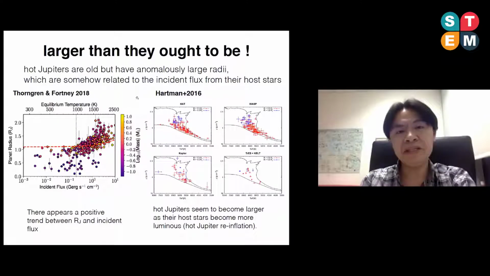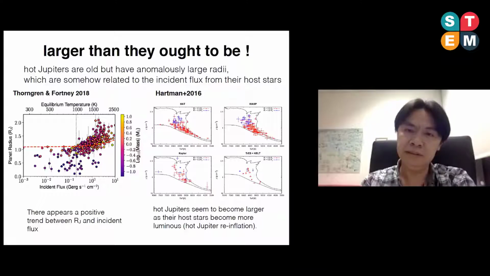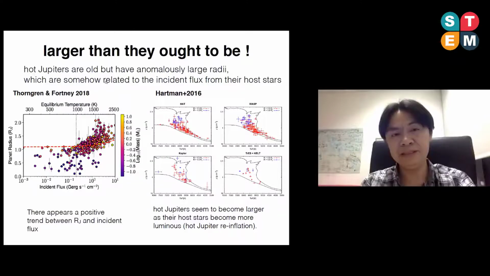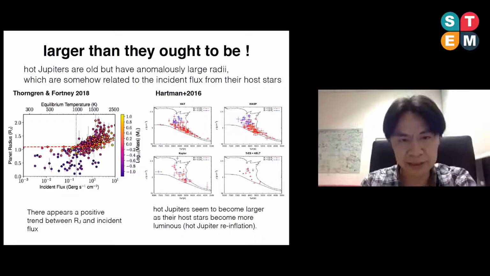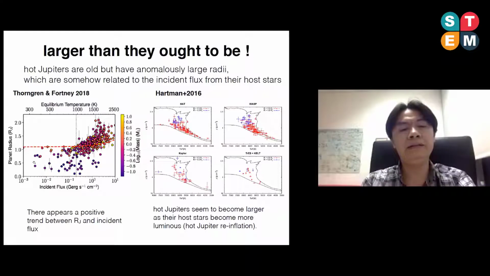So in particular, this so-called radius anomaly, the large radii of the hot Jupiters, has something to do with the incident flux from the host stars. The picture on the left shows a clear positive trend between the planet radius and the incident flux received by the planet.